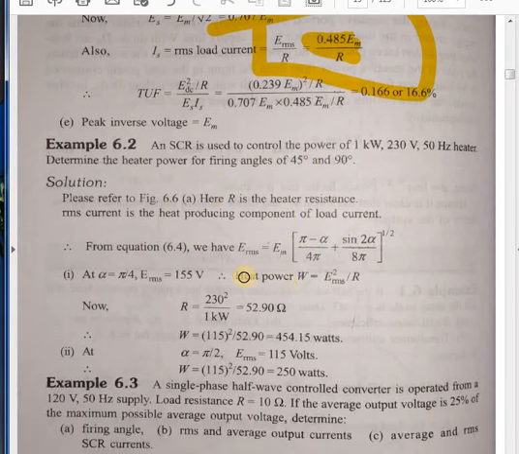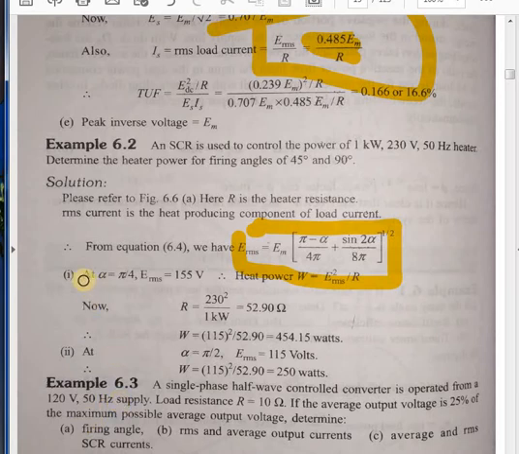Now, for finding the RMS current for the heat producing component of the load, we need to consider the load current. So we first have to find the RMS voltage. Using the same formula, you will find the RMS voltage and then the power of the heater.